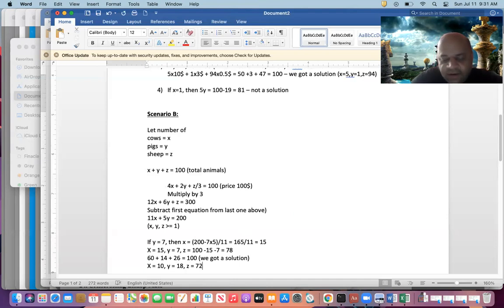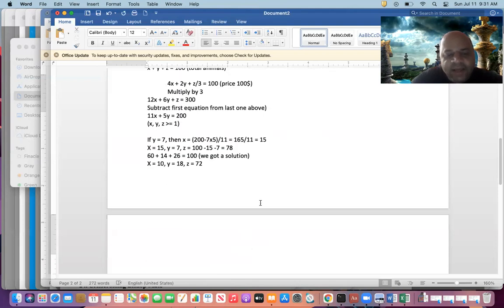Because then x is equal to 10, that means the price of cows will be 10 into 4, which is equal to 40. So 40, correct. 40 plus 18 into 2 is 36, that is 76, plus 72 by 3 is 24. Yeah, you got a solution. Exactly. So there are multiple solutions possible sometimes. So you got another solution.